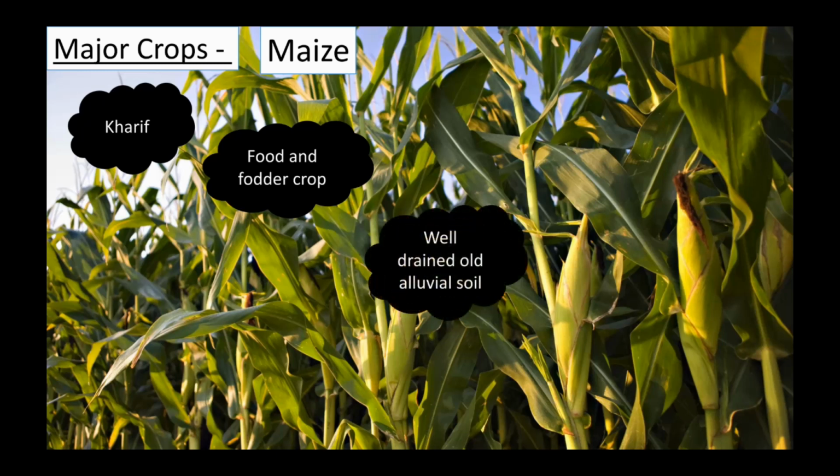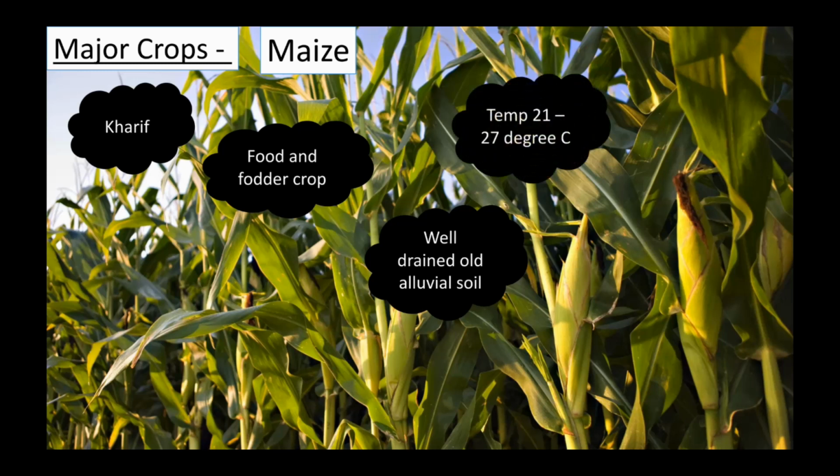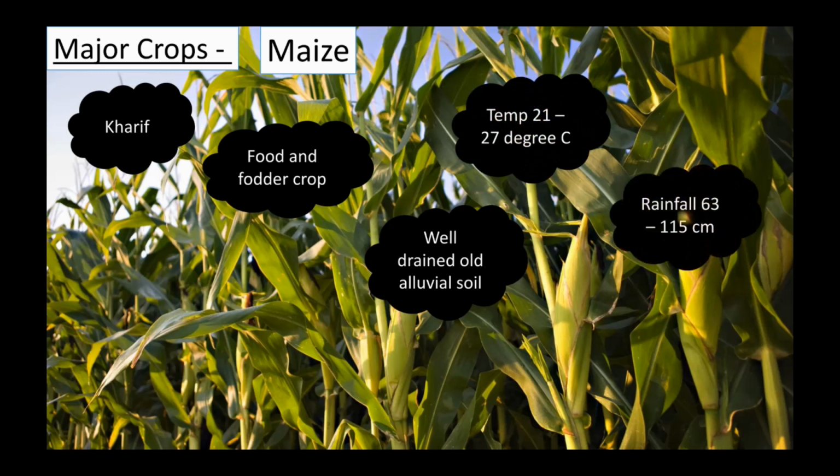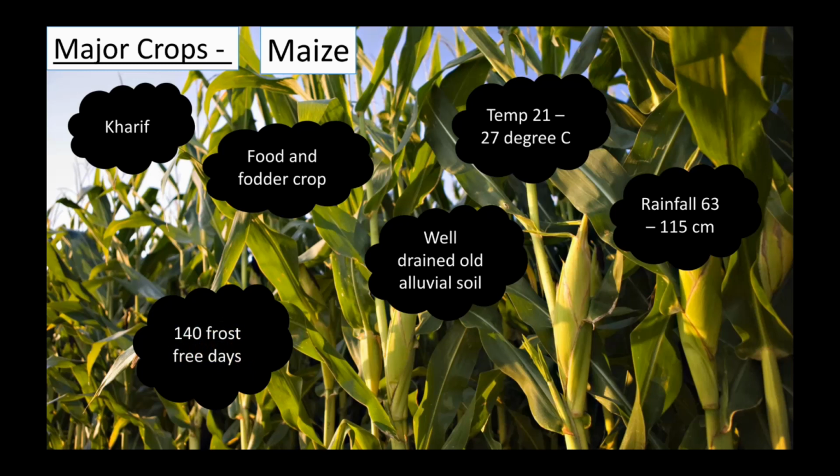Now let us see the necessary conditions required for maize. It needs well-drained old alluvial soil and a temperature between 21 and 27 degrees Celsius, along with annual rainfall between 63 and 115 centimeters. It also needs 140 frost-free days.